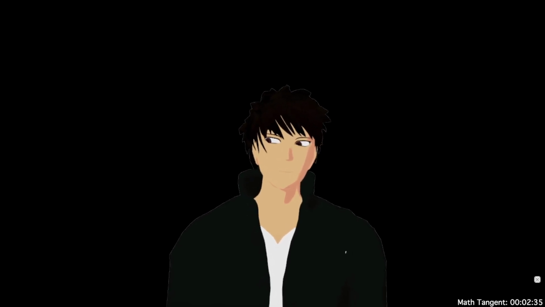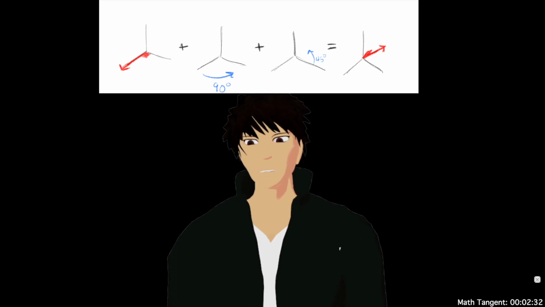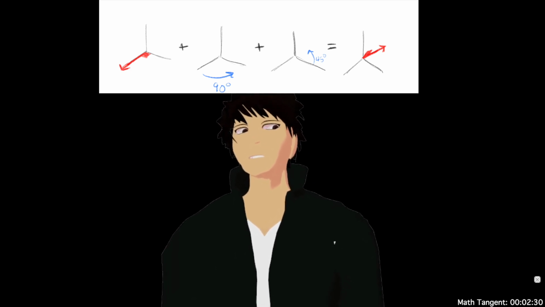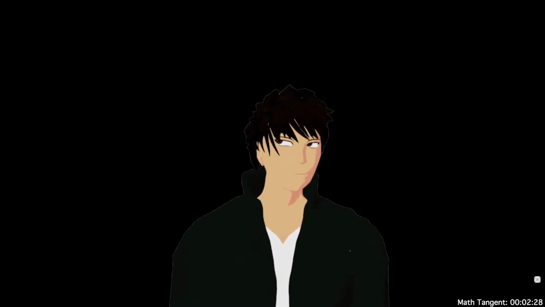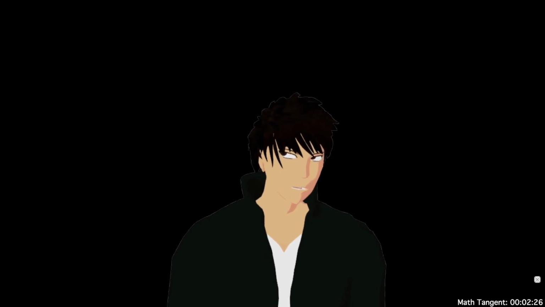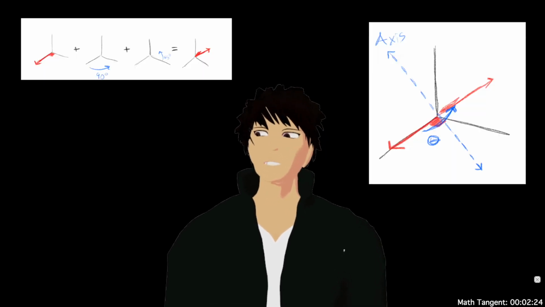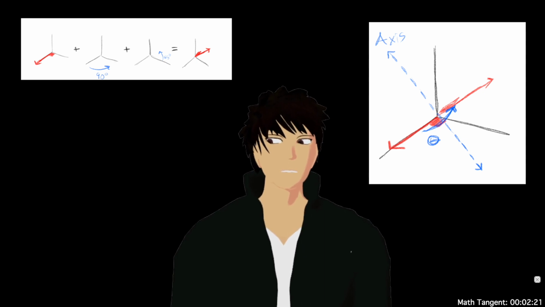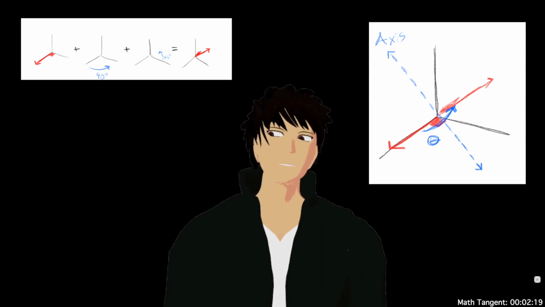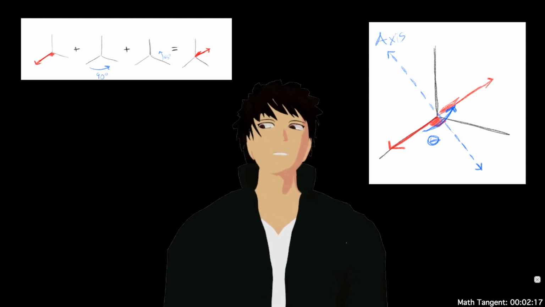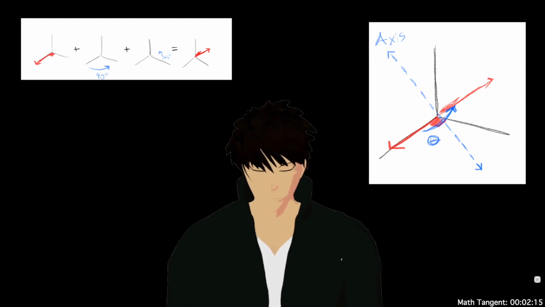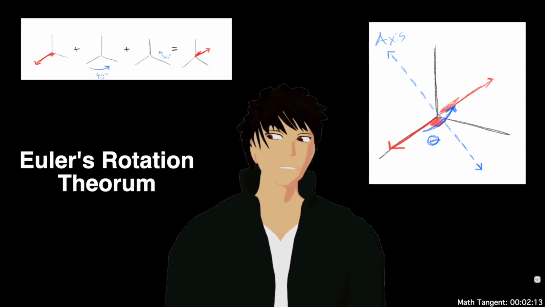Here we go. Let's say an orientation is the end result of applying some series of rotations to an object. It's just the object points in some direction. Any orientation can be achieved by rotating the object by some angle around an arbitrary axis. This is Euler's rotation theorem.